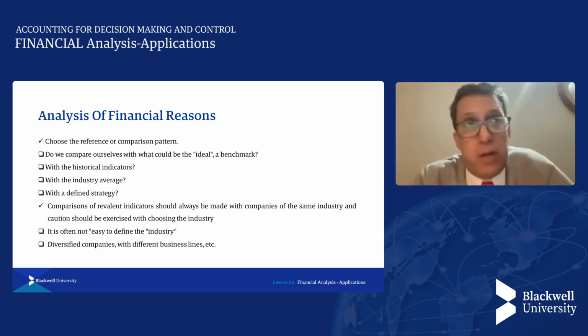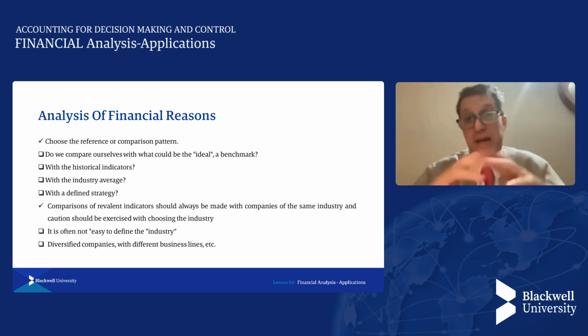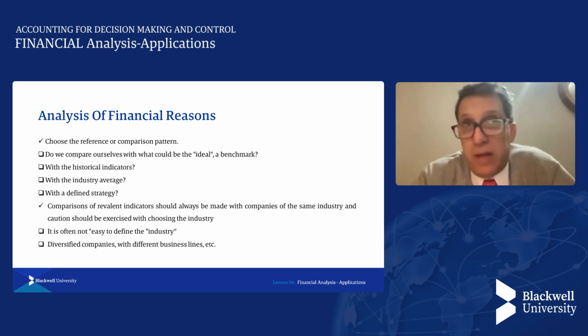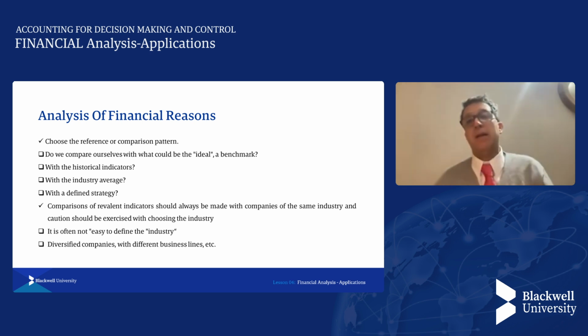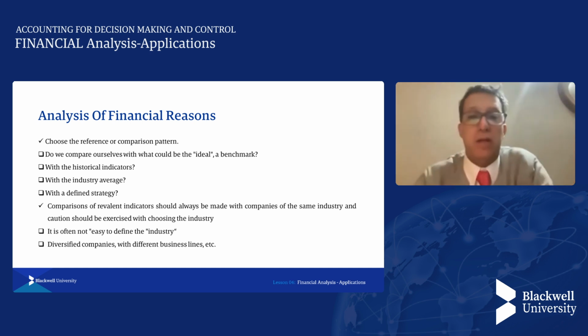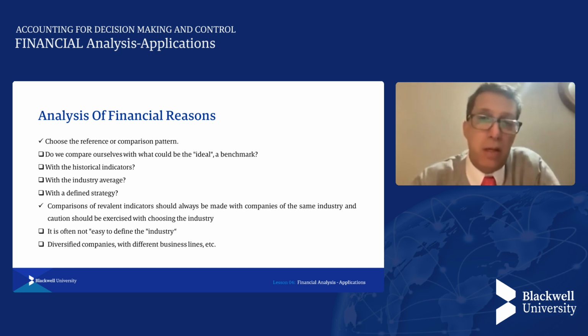This happens often, for example, with very large companies that are like conglomerates and have different business areas, even under the same legal entity or also within an economic group. There are times when, for example, in the stock market, there are companies that have different units. And sometimes there is a common business, for example, the forestry business, but other times the other businesses are not common. So there, the comparison is complex.